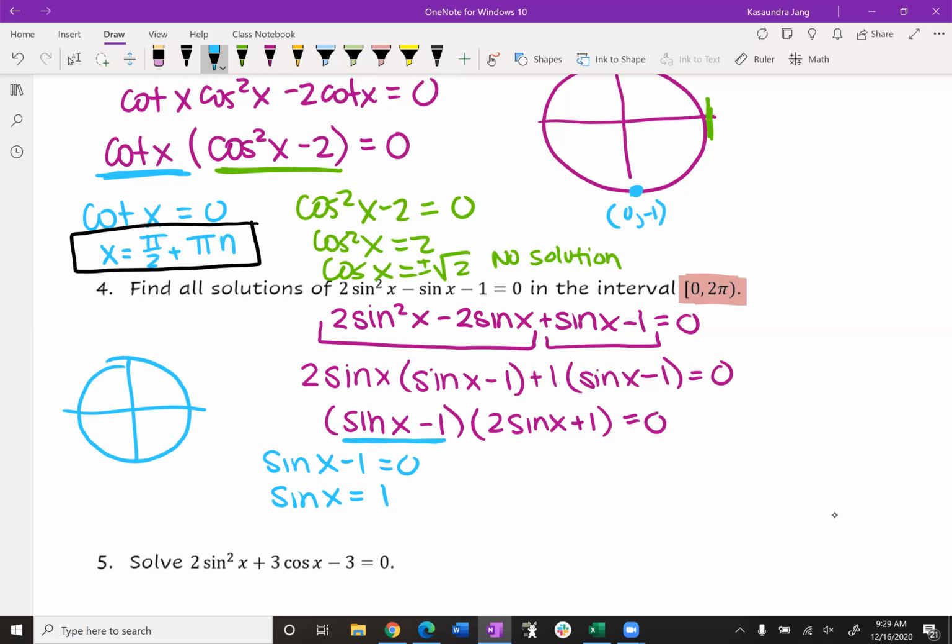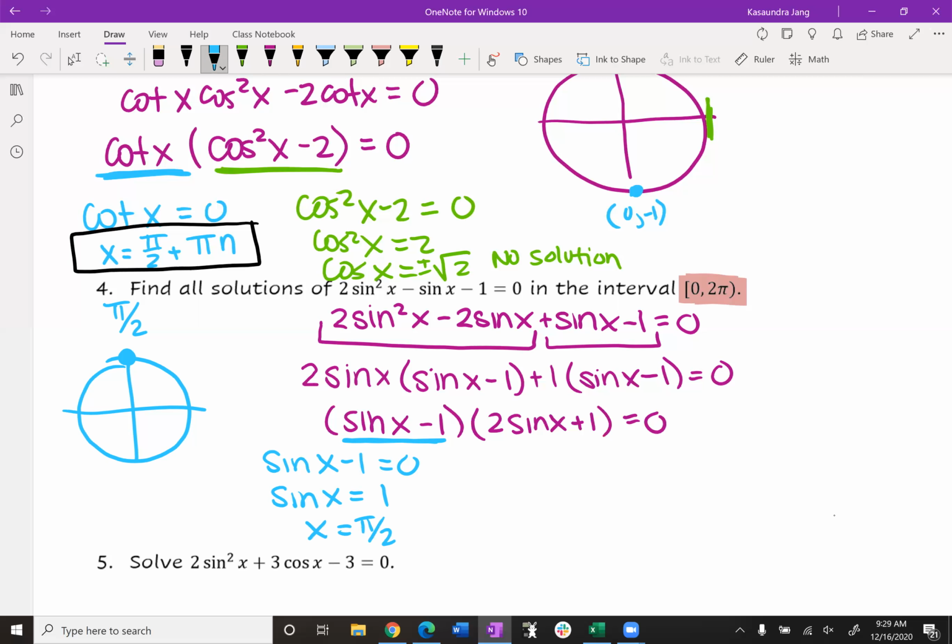So my y value is +1 up here. I think that's the only spot on my unit circle where the y value is +1. That's at pi halves. I needed it between 0 and 2 pi, so I'm going with the positive pi halves. I'm not going to repeat it over and over again, just sticking between 0 and 2 pi. So just for this particular one, x equals pi halves.